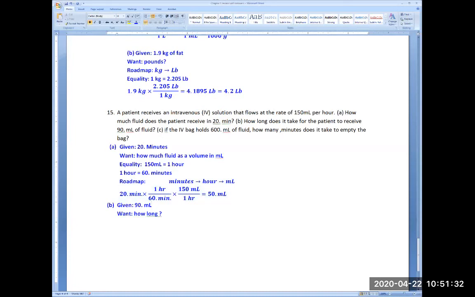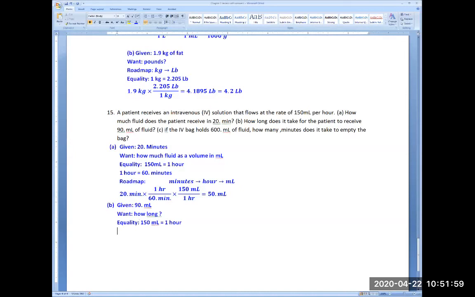Given that the equality will be again using the fact that you get 150 milliliters in an hour. So it could be the time, how long, could be an hour? Or it could be minutes again, because you see that 90 milliliters is less than 150 milliliters in an hour.